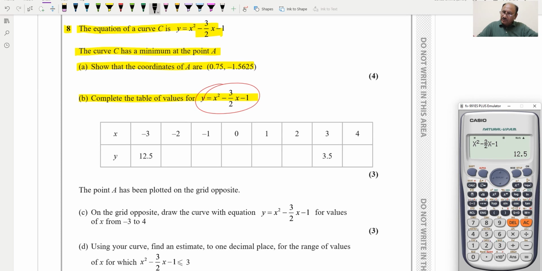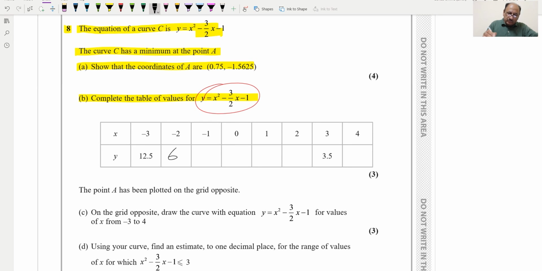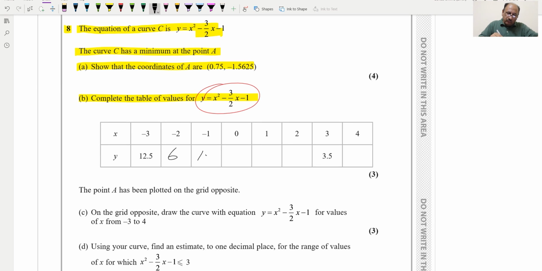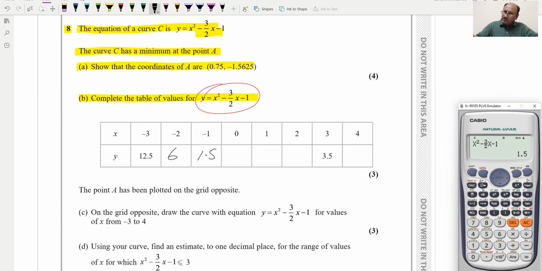For minus 2, calculate for minus 2, and this is equal to 6. So we can type our value over here, which is 6. Then we will calculate for minus 1, and this is equal to 3 by 2, which is 1.5. So 1.5 will be this one. Then we'll calculate for 0, and this is equal to minus 1.